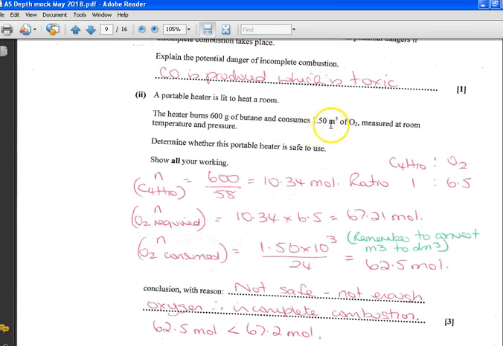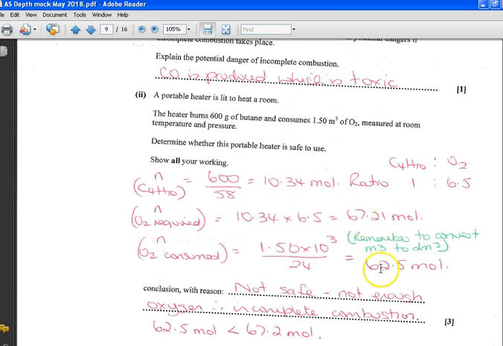Now notice this is 1.5 cubic meters of oxygen. So in this equation, you need to have cubic decimeters, so you need to convert your meters to decimeters, and then divide by 24, and that tells you how many moles of oxygen were actually used.